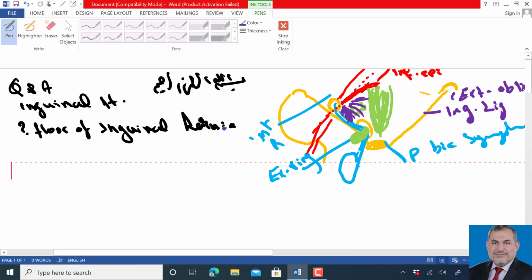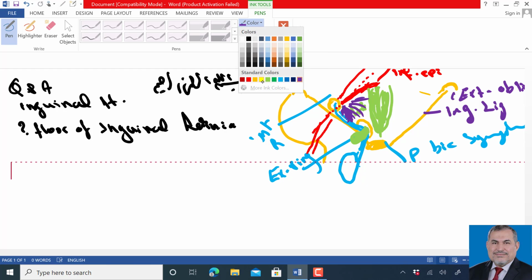Which nerve runs posterior to the spermatic cord? Which nerve runs here? This is spermatic cord. Posterior to the spermatic cord, here is the nerve.